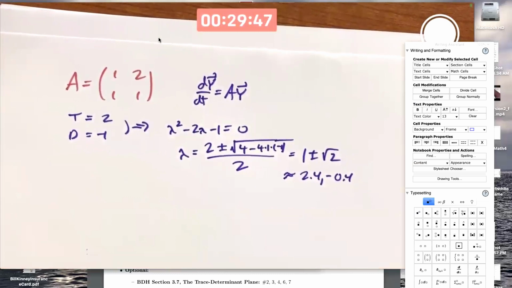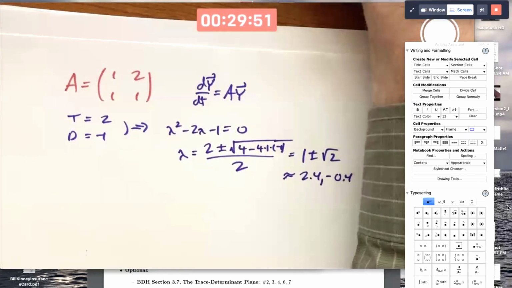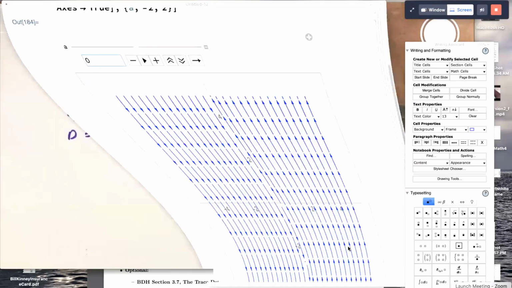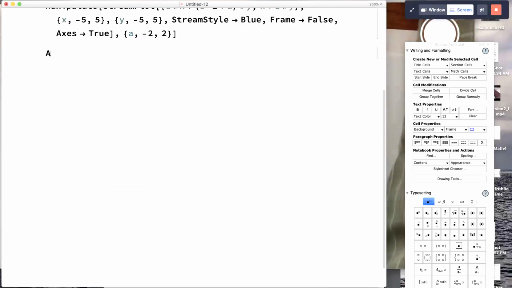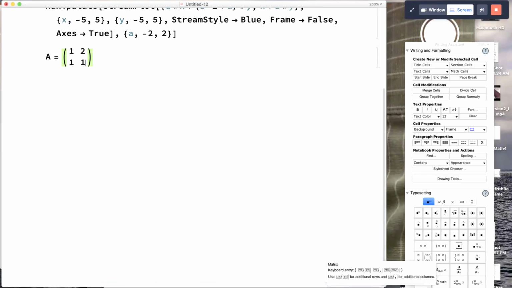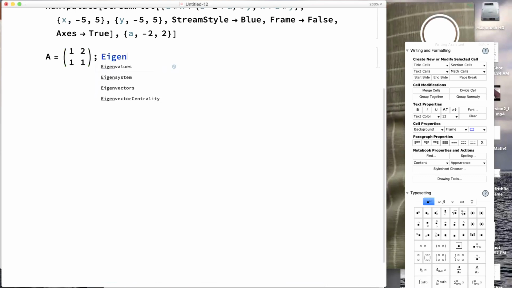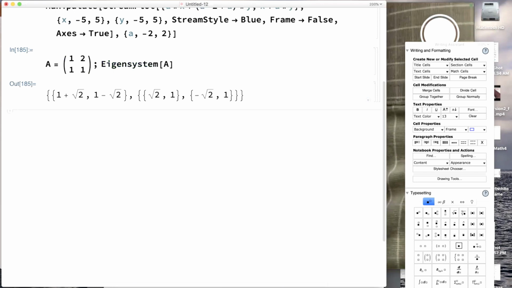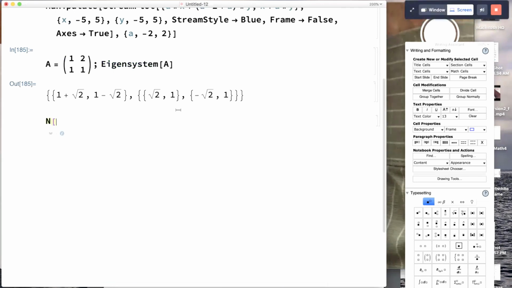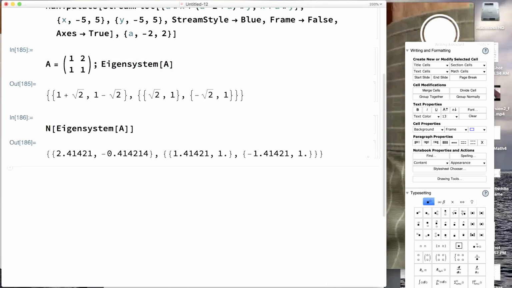I think I don't want to find the eigenvectors, though. We could have Mathematica approximate them. It'll write them in exact form if I don't use a capital N. If I do use a capital N to numerically approximate them, I can approximate them.